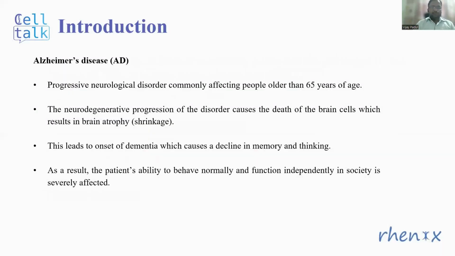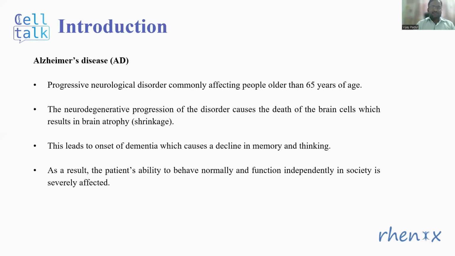So introduction, this research article focuses on the research done on Alzheimer's disease. Alzheimer's disease is a progressive neurological disorder, which is commonly affecting people older than 65 years of age. There is a certain subtype which affects younger individuals also, but that is rare in numbers.